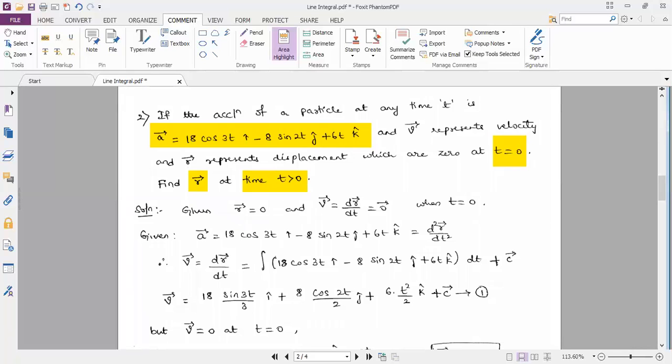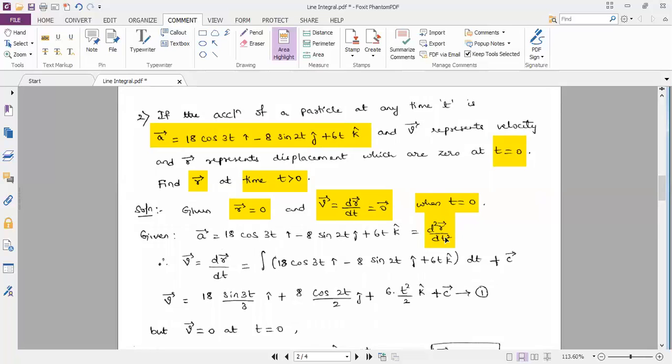Firstly, it is given that displacement r is equal to 0 and the velocity v, which is given by dr/dt, is equal to 0 when t = 0. Now, given the acceleration expression, vector A = 18 cos 3t i − 8 sin 2t j + 6t k. Acceleration is always represented by d²r/dt².